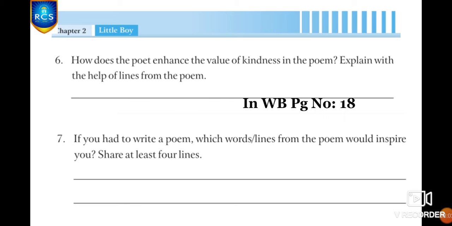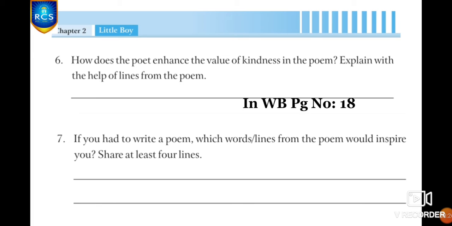Here, you have to write how the poet enhanced the value of kindness. That means how the poet tells us about how important it is to be kind. You have to explain with the help of the lines from the poem.